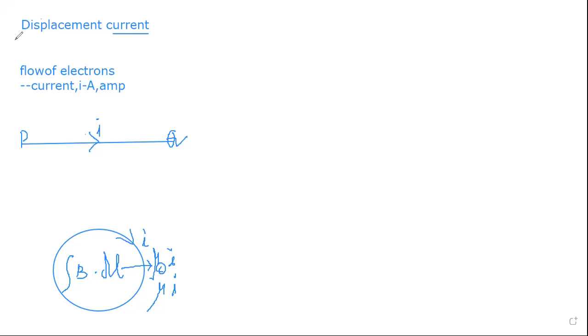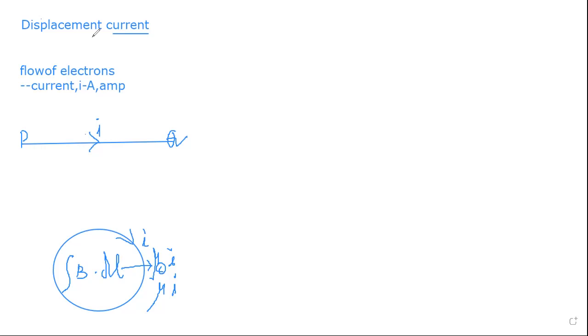Now what about the displacement current? What is the difference between a constant current and displacement current here? This displacement current is not produced by flow of electrons. There is no flow of electrons from one end to another end here.